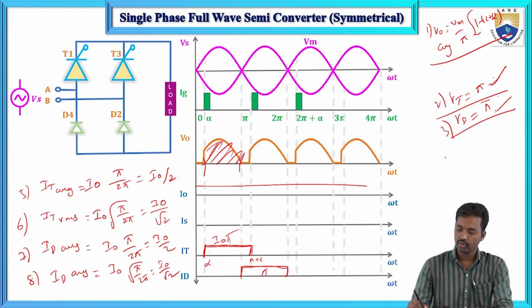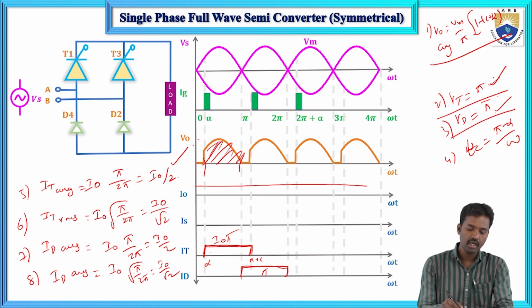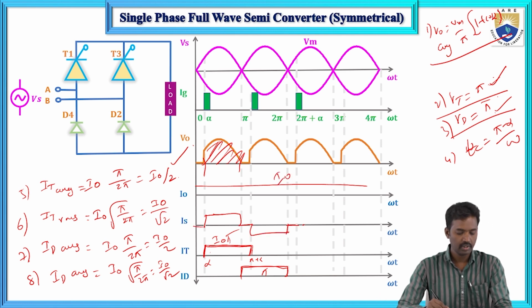And next, the fourth one is omega Tc, that means circuit turn-off time, equals (pi minus alpha) by omega. And next, the fifth one is the IT RMS value. So this is the source current waveform, I naught.